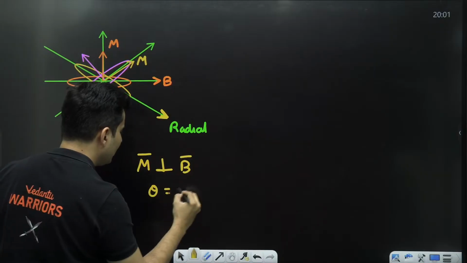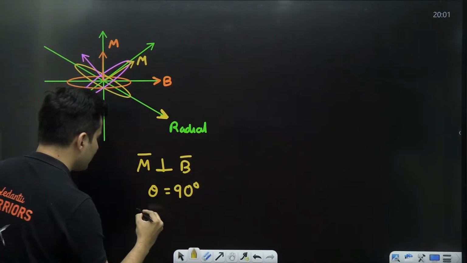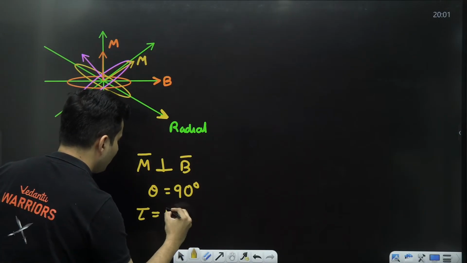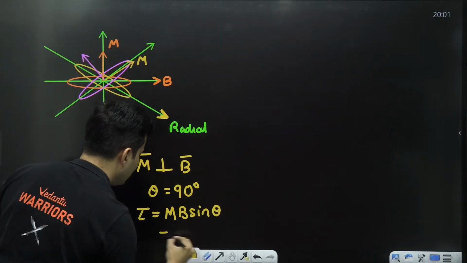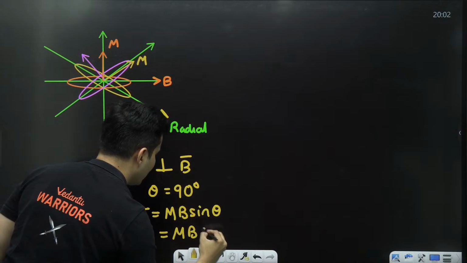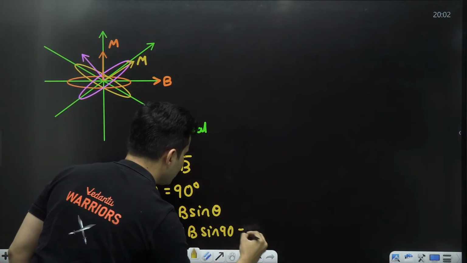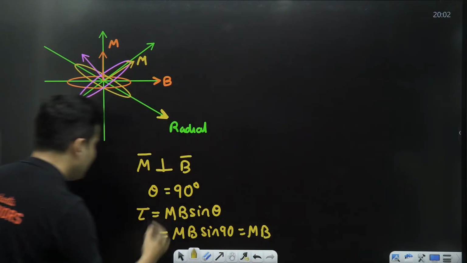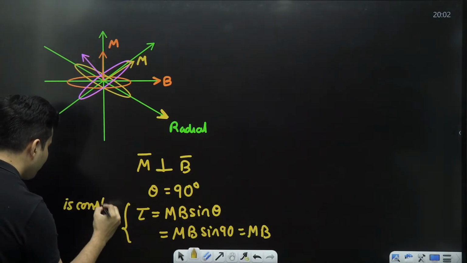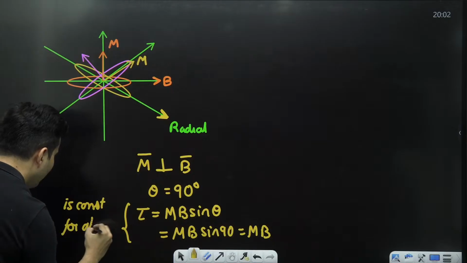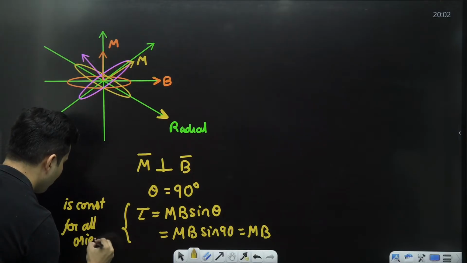That means theta is 90 degrees. That means the torque, which is mB sine theta, will be mB sine 90, which is just mB. And this means the torque is constant for all the orientations.